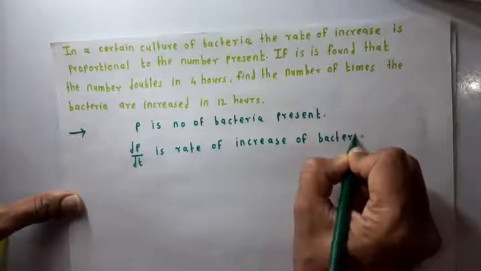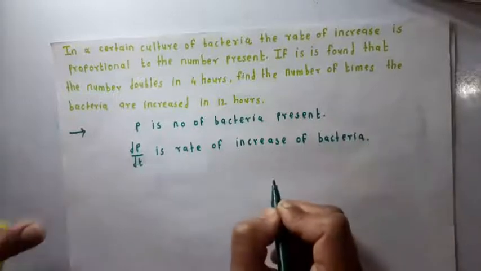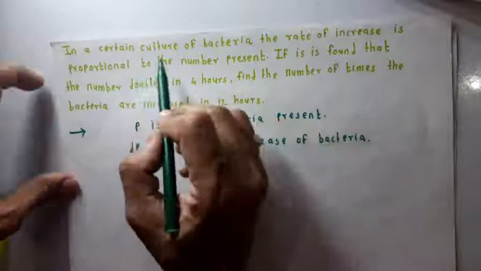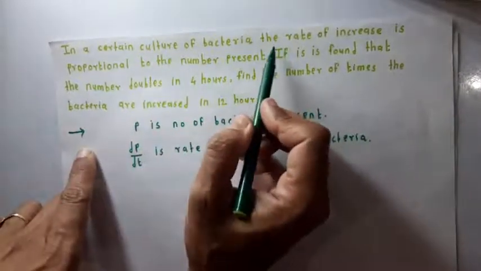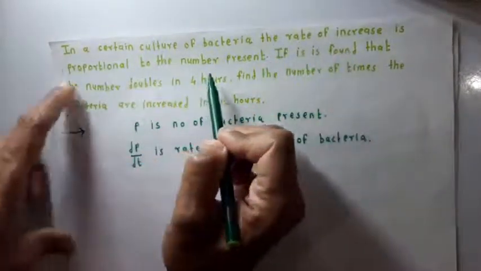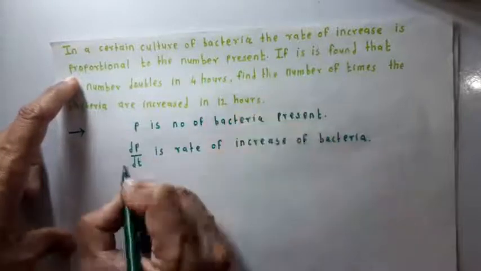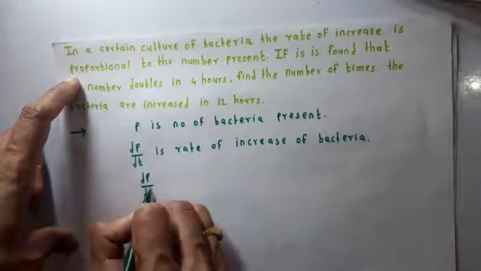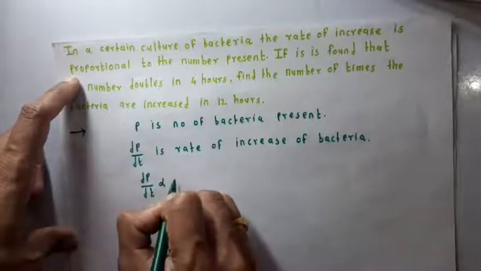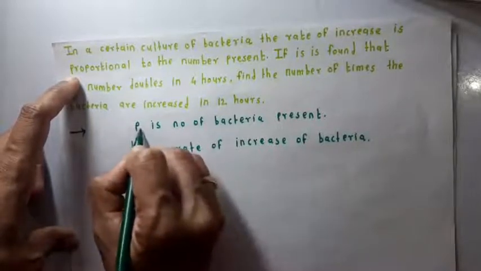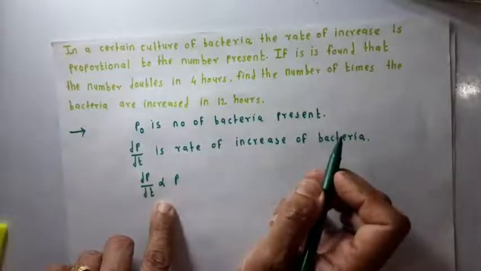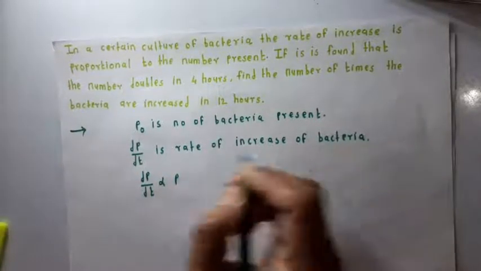So according to the given condition, in a certain culture of bacteria, the rate of increase is proportional to the present number. So dP by dt is directly proportional to P. Let us consider P0 is the number of bacteria present initially.